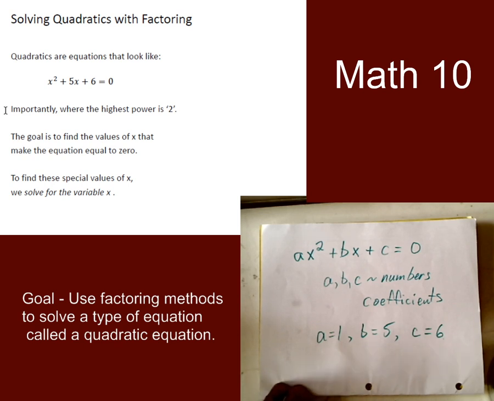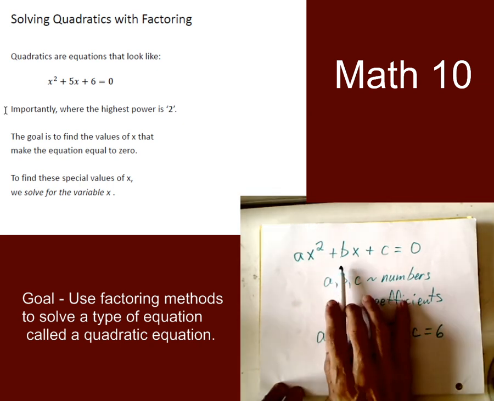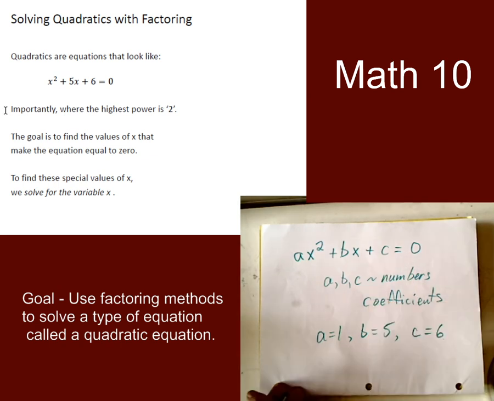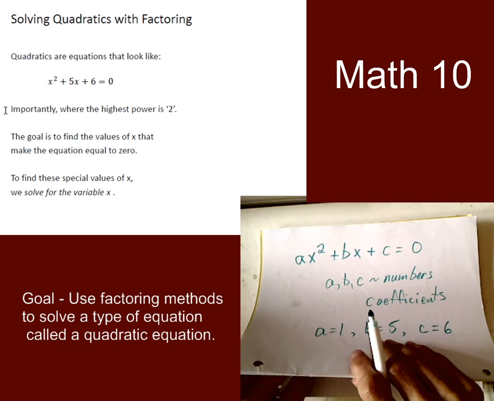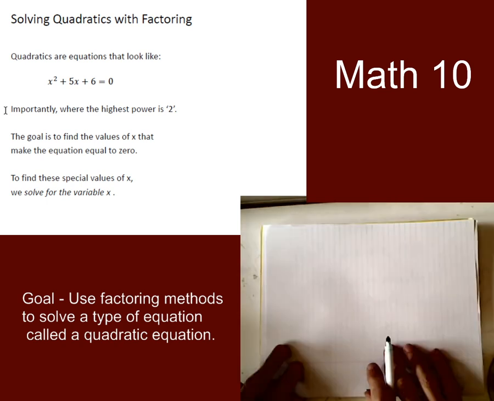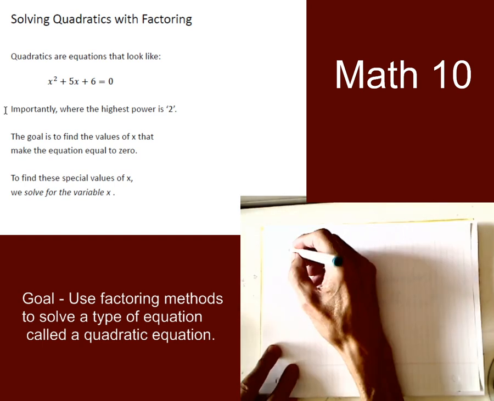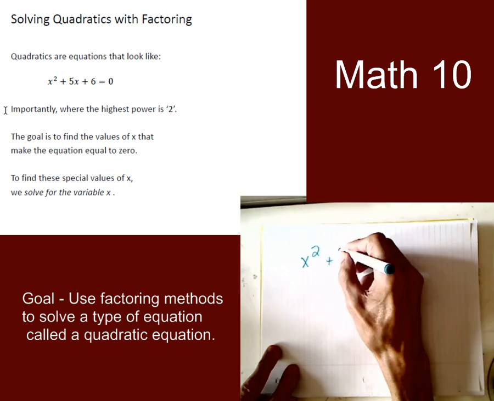Okay, now, one other thing that can happen is that, importantly, the values of b or c could equal 0. So watch this. You might have an equation that looks like this, a quadratic equation, that is. Watch, this is still a quadratic.